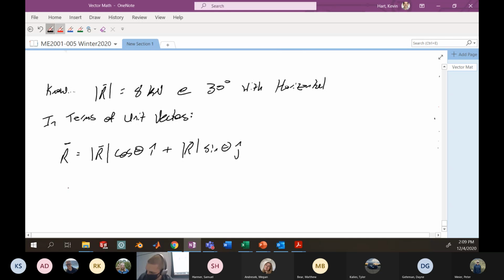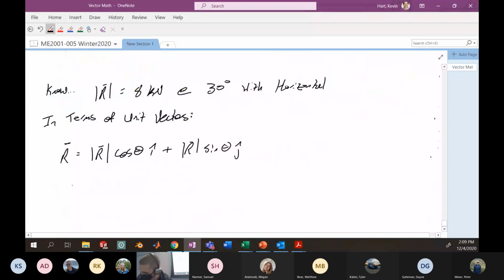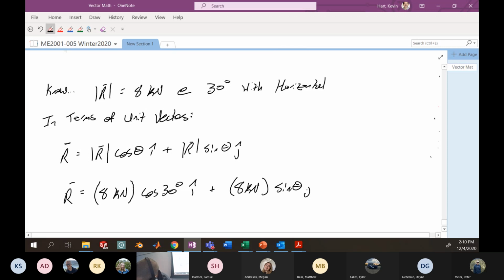All right, so let's do this. Here I know my resultant vector wants to be 8 kilonewtons, the magnitude. I multiply this by cosine 30 degrees in I hat, plus, again, my magnitude, 8 kilonewtons, multiplied by sine theta in the j hat. And let's put the 30 degrees in there.